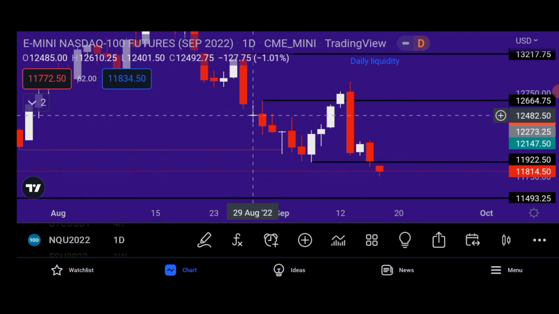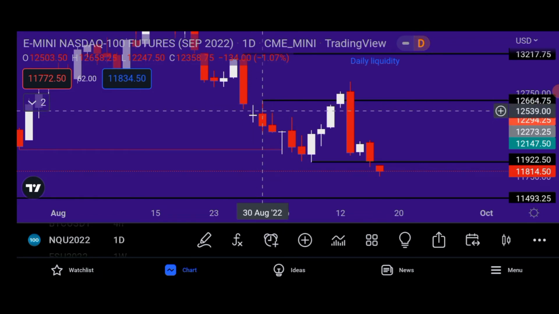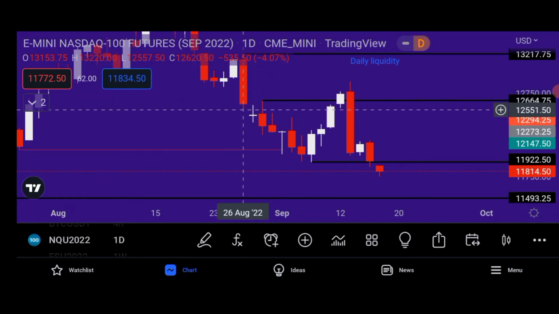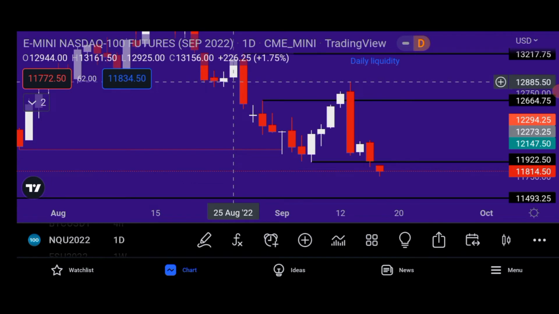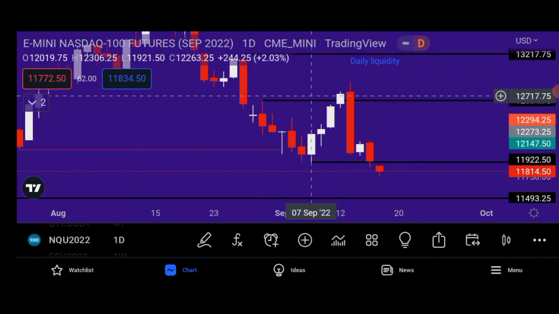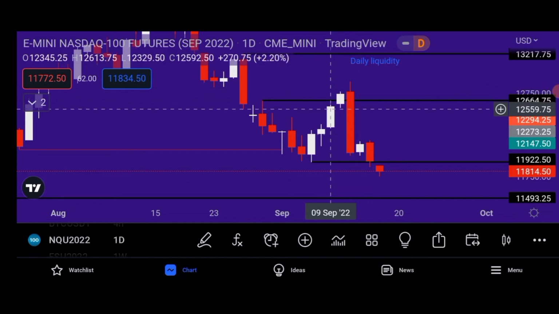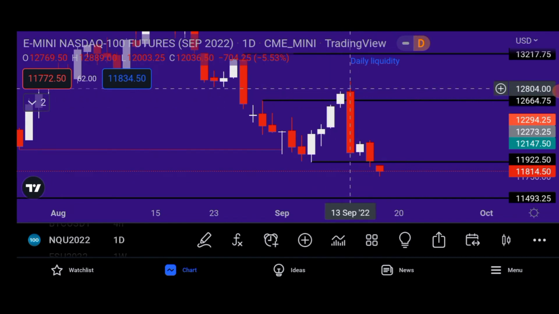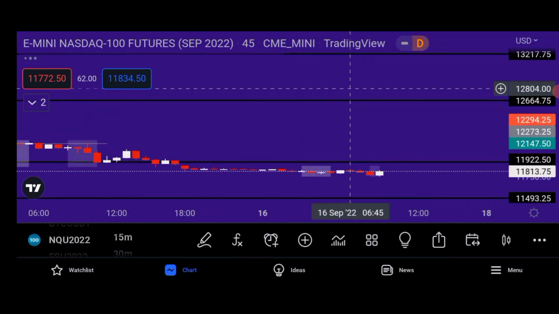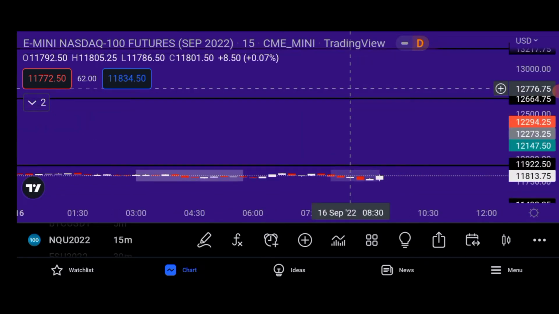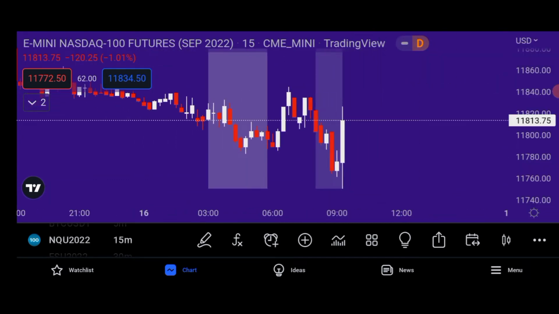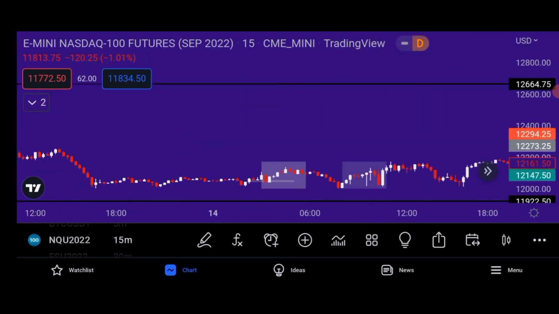The high of this candle is lower than this, and the high of this candle is higher than this. So this is a high, and one more confirmation was this beautiful fair value gap I saw here, and that's what I was expecting price to draw to. It did draw to that, and there was not much of a setup for me, but I'll show you what happened on the 15 minute time frame.